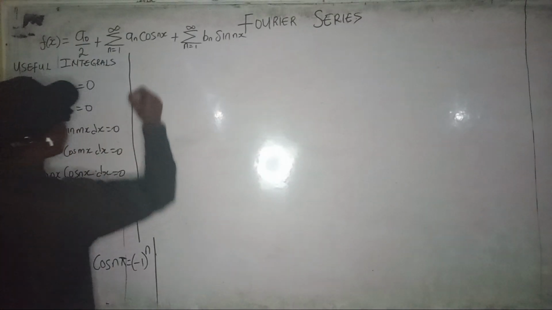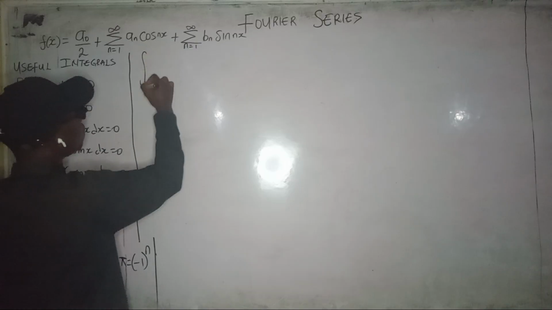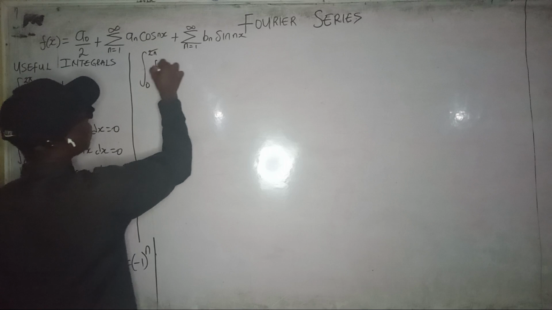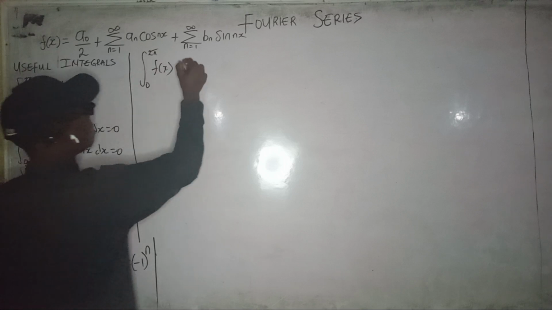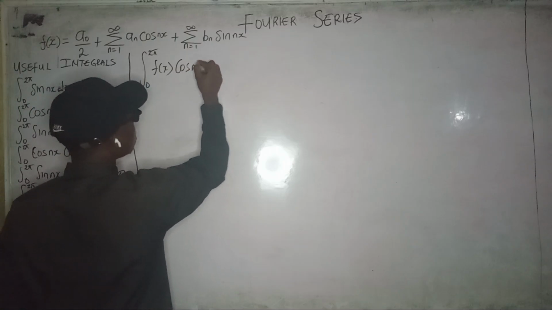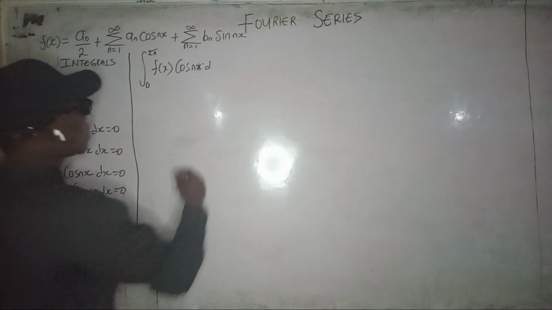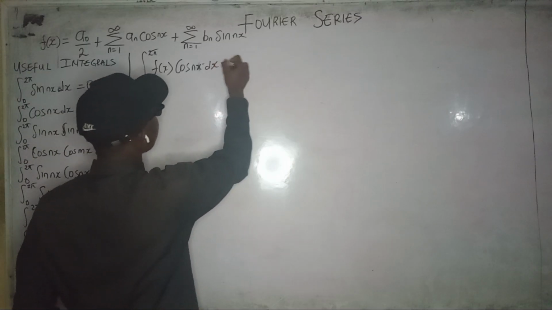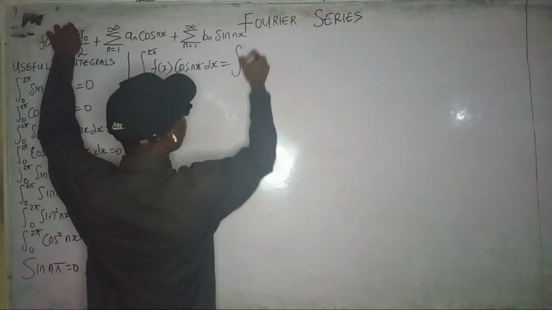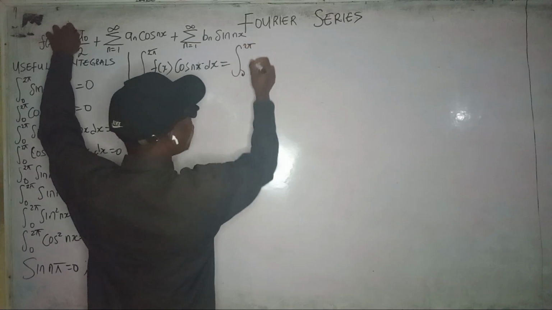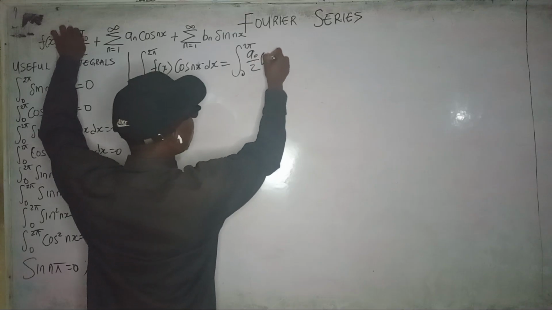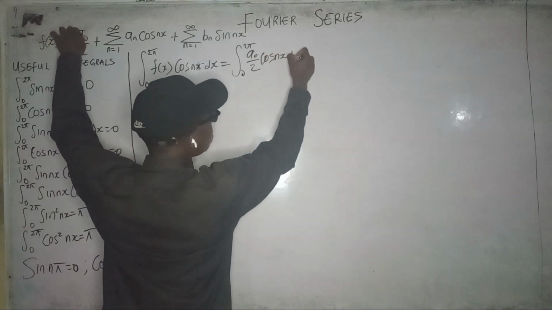Now, if we do it on both sides, we have the integral from 0 to 2 pi of f of x, which is initially there, times our cos nx dx, is equal to, now we do it for this side too, the integral from 0 to 2 pi of a naught over 2 cos nx dx.